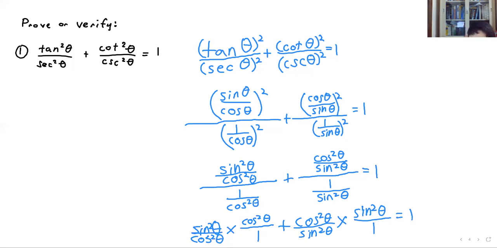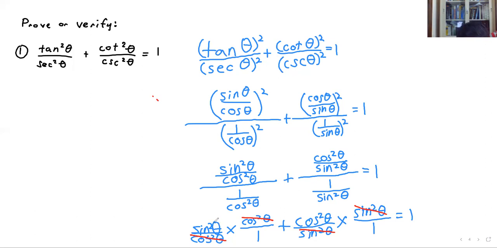So we have some stuff that can be cancelled between both the numerator and the denominator. So we can cancel this out. We continue here.